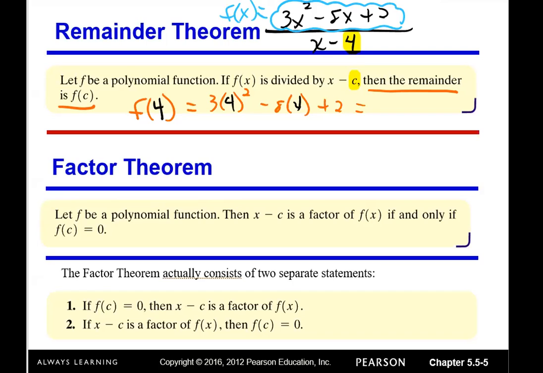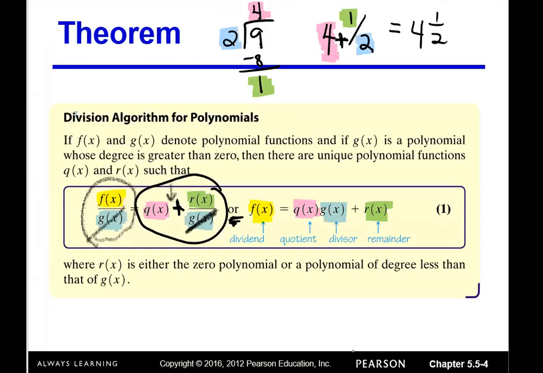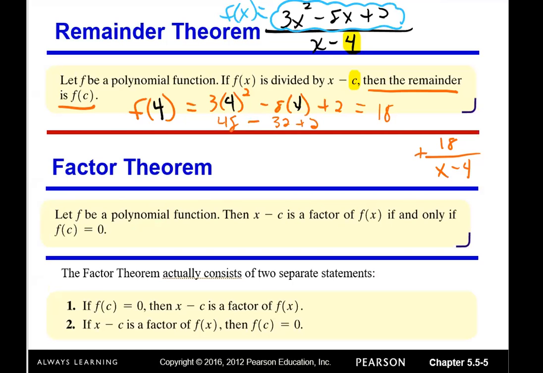Yeah, 48. 48 minus 32 plus 2, and I do the math, I get 18. 18 would be my remainder, which means I'd have a plus 18 over the x minus 4. That would be this right here, the remainder. Anyway, the remainder theorem will actually calculate what the remainder will be.